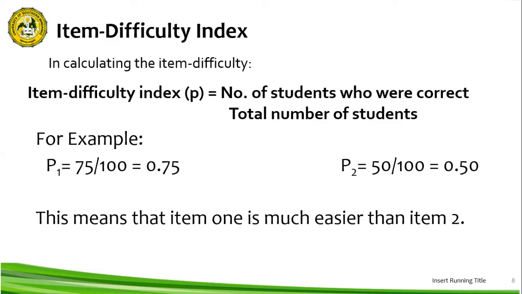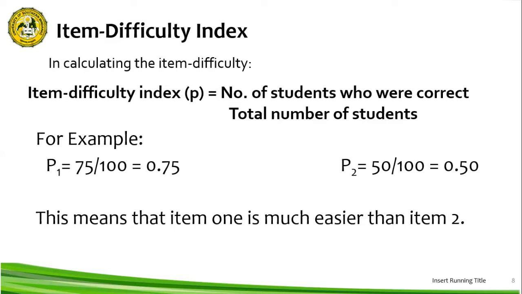In calculating that item difficulty, first is item 1, which is denoted by P1, equal to 75, because 75 people got it correct in item 1, over the total number of students, which is 100. So the item difficulty index of item 1 is 0.75.